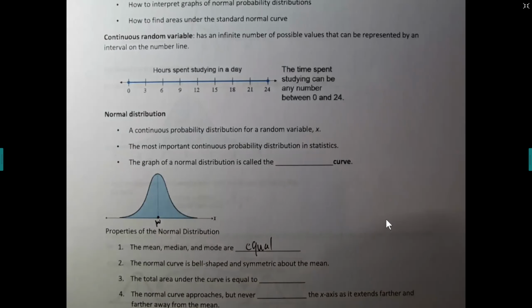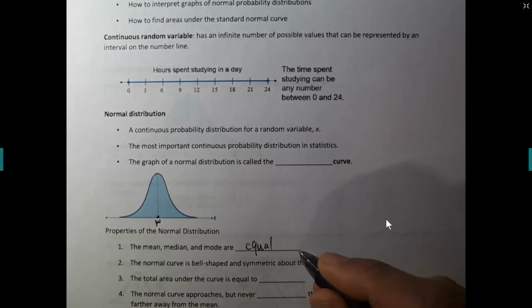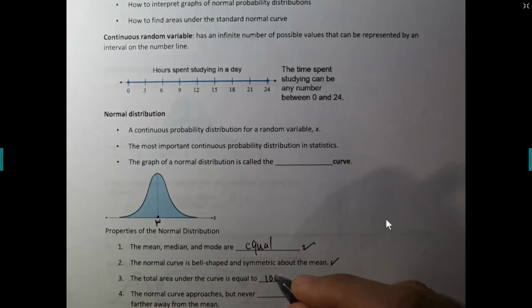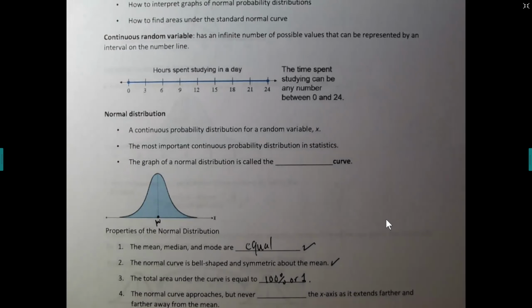That's what we just talked about. The total area under the curve is equal to what? 100%, yeah. Or if you like, 1. The whole thing, the whole pizza, 100% of it.